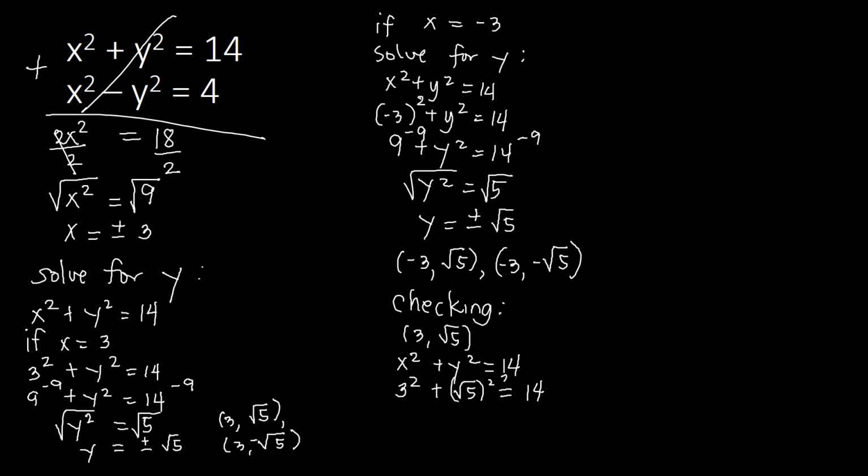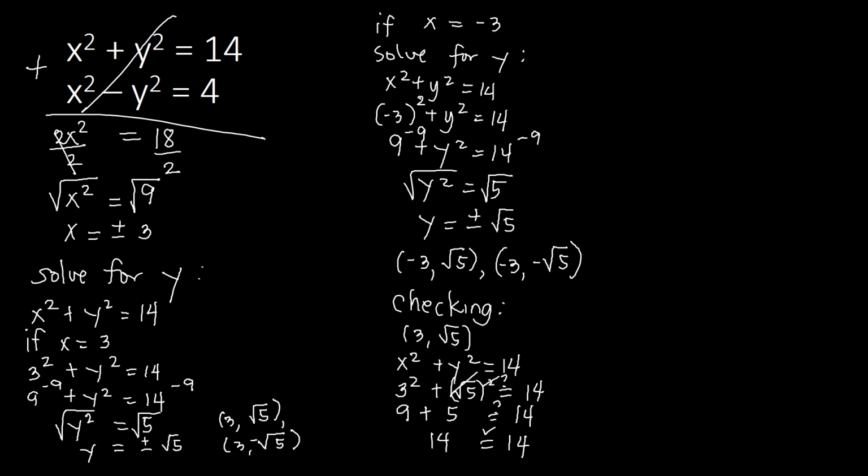Will this be equal to 14? 3 squared is 9, and plus square root of 5 squared, the square root there can be canceled out, so we have a 5 here. 9 plus 5 is 14. That is equal to 14. So, see, that satisfies the first equation.